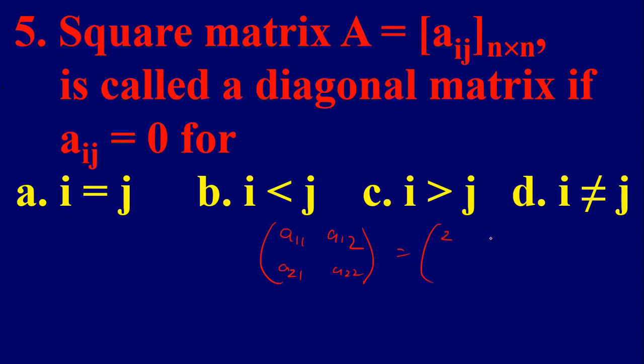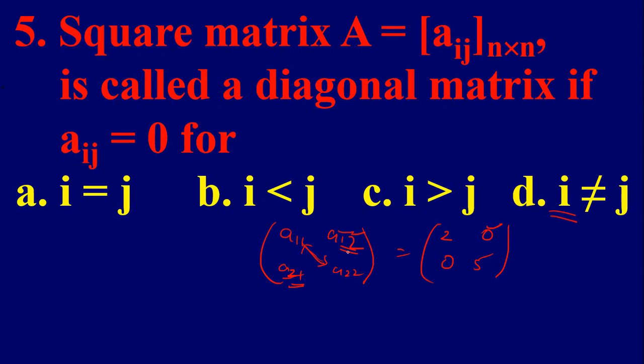Here we have 2, 0, 0, 5 like this. These elements should be 0, that is i is not equal to j. Here 1 and 2 are not equal, 2 and 1 are not equal, and these two diagonal elements may be anything, but the other elements should be 0. Here i equal to j is not possible, since A11 and A22 may not be 0.